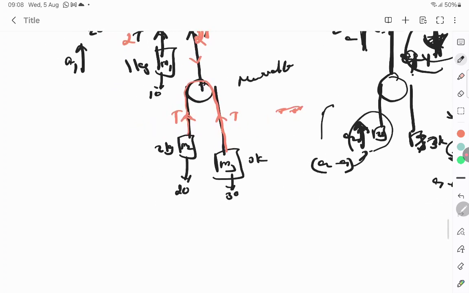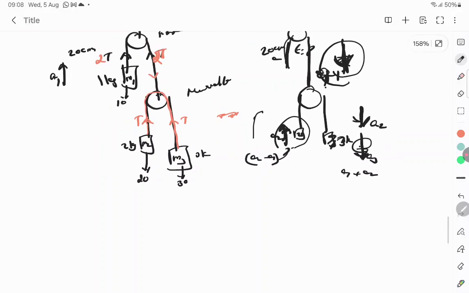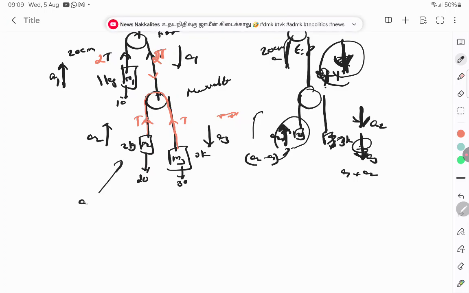That's the key. Understanding this is the key. If you don't know, you can ask me in the class. So this rope is coming down with an acceleration of A1. Already this is going up with an acceleration of A2 and this is coming down with A3. So the net acceleration of this is A2 minus A1.